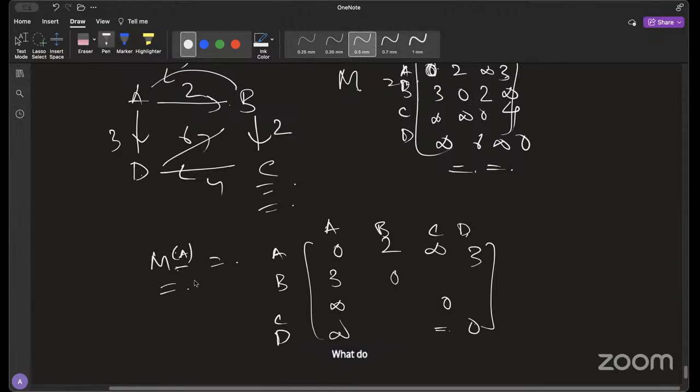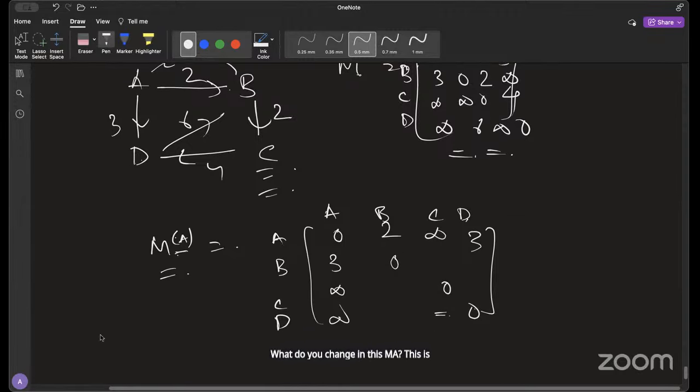What do you change in this MA? If you will go from A to B, we don't need this one because it's already fixed.